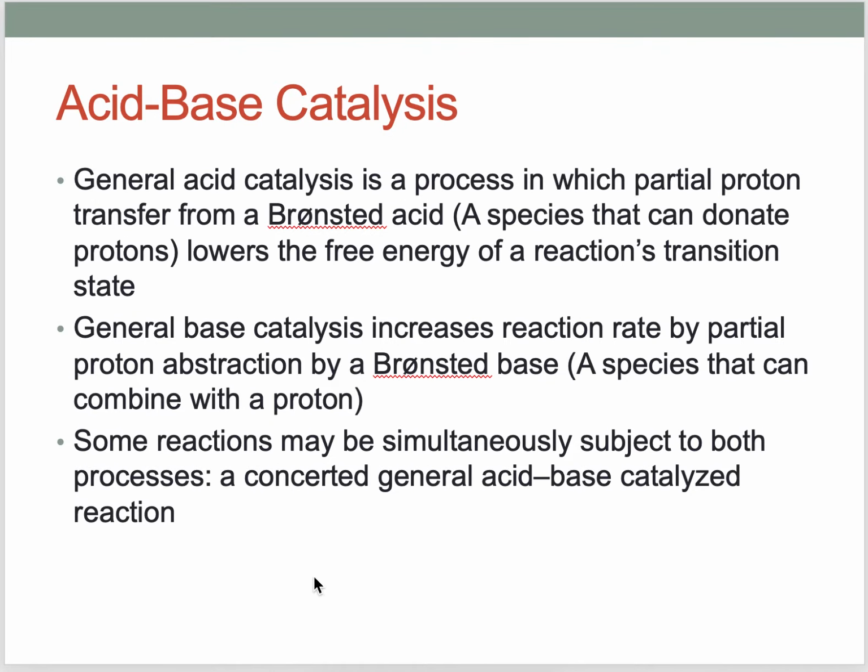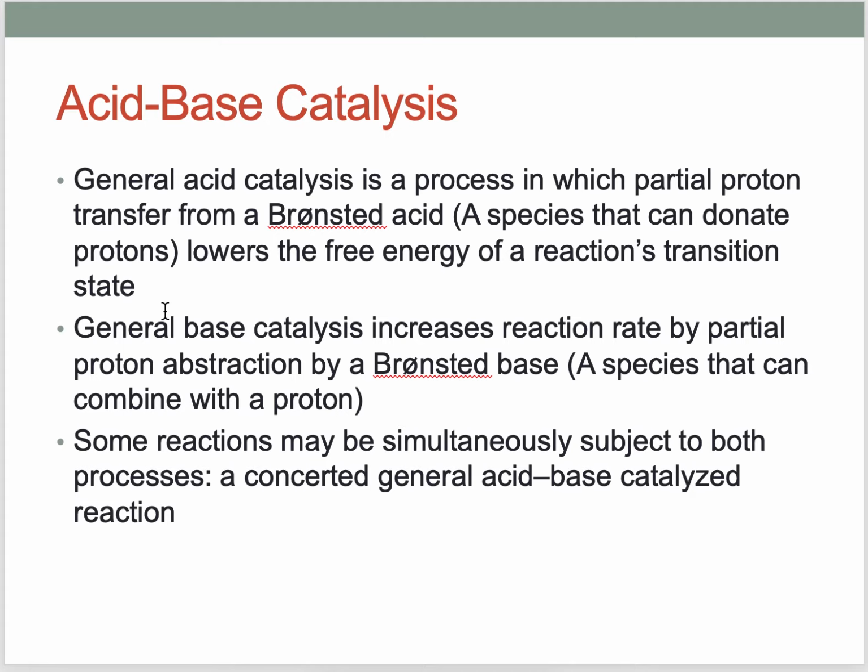First, acid base catalysis. So in this kind of catalysis, the enzymes act as an acid. So what do acids do? In general, acid catalysis is a process in which partial proton transfer from a Bronsted acid lowers the free energy of a reaction's transition state.